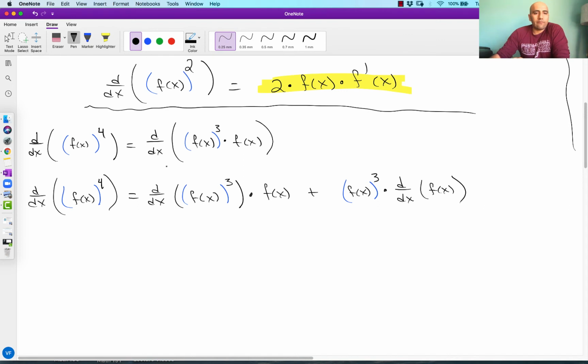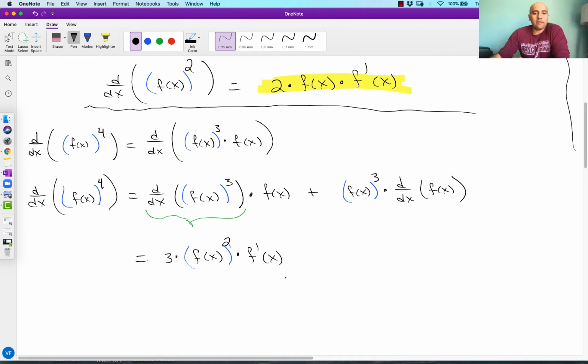Okay, so this, well, we have an answer. We already figured out what this guy is. This derivative, the third one from above, is equal to 3 times f of x squared times f prime of x.